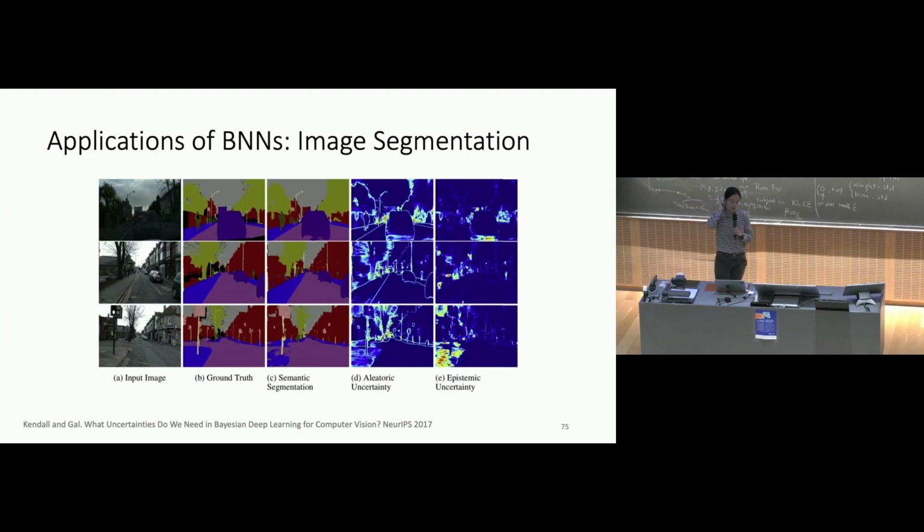You can also apply this to image segmentation, because ultimately, image segmentation is a classification task on pixels. So I can also put a Bayesian neural network on this image segmentation problem, and especially in this paper, they applied MC Dropout to it. You can see an interesting result: in terms of aleatory uncertainty, they detect the edges, which makes sense, because the segmentation around the edges is usually where you are uncertain.